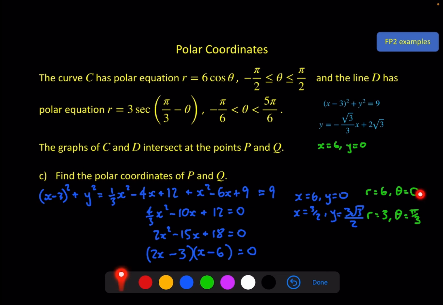Double check, of course, that these are within the domains of the original functions. They are, so we're okay. Double checking as well that we haven't ended up with a negative radius. We haven't, we're okay. So P is 6, 0, and Q is 3, pi by 3.